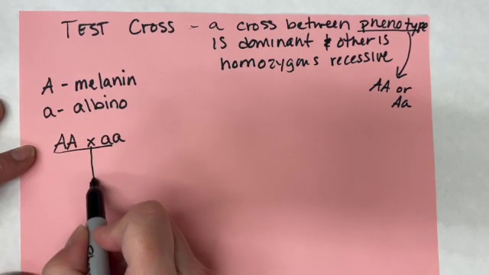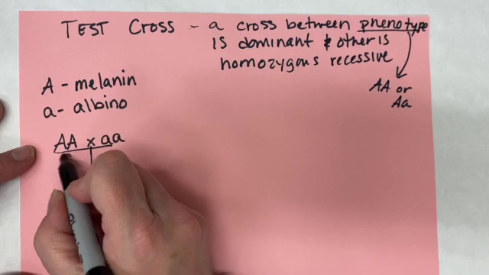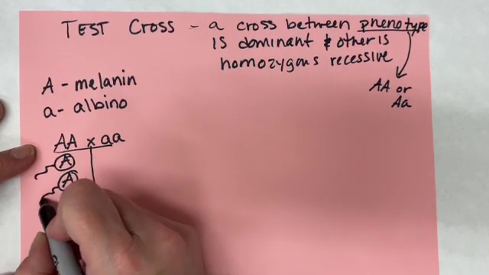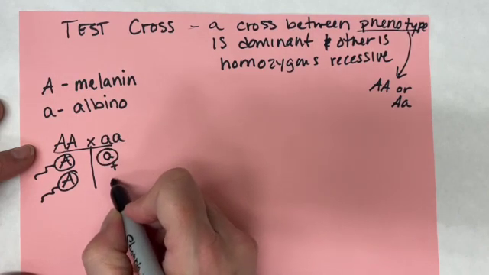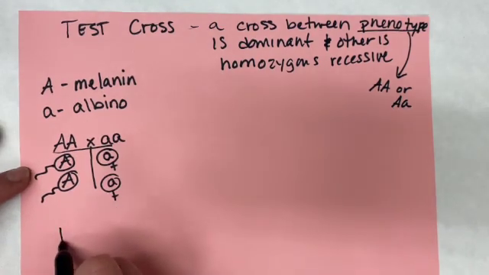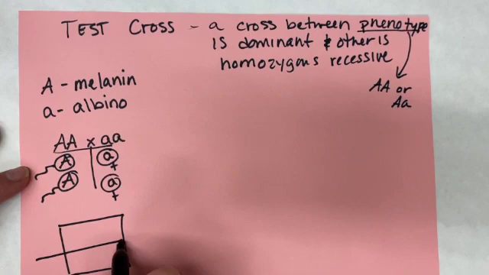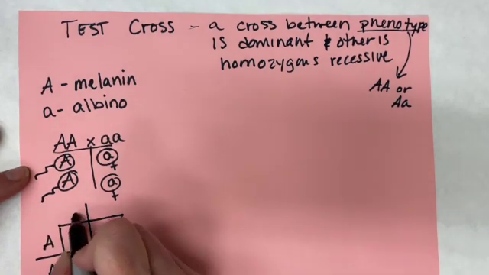So as mentioned in the previous video, I like to do the table of gametes. So here are the gametes that are made by one individual, and here are the gametes made by the other individual. And then we put those into the Punnett square. Again, the Punnett square is a prediction of what might come if we do this cross.